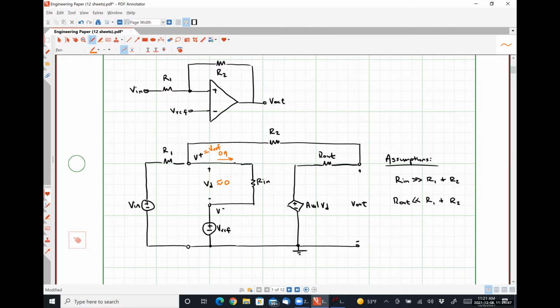So what we can do is write a Kirchhoff's current law equation at our non-inverting input, okay?